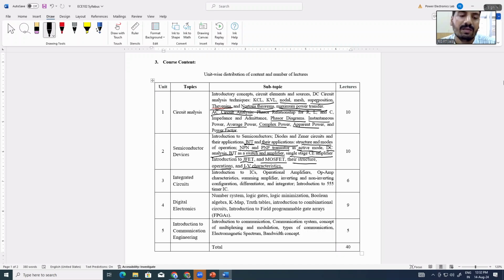We will study the types of devices, their structure, operating principle and IV characteristics. These are very important, especially for you as an electronics engineer. You should understand the concept behind the devices.